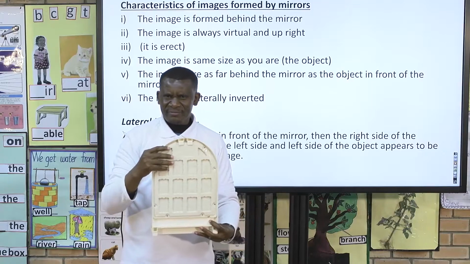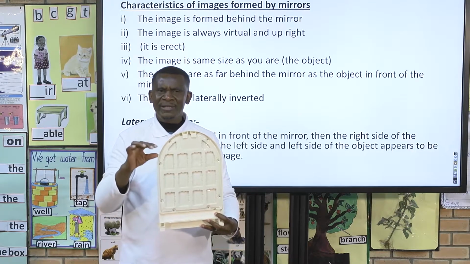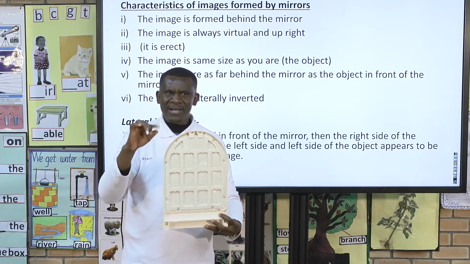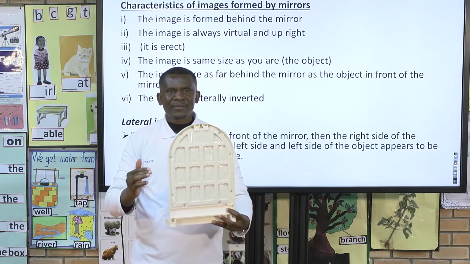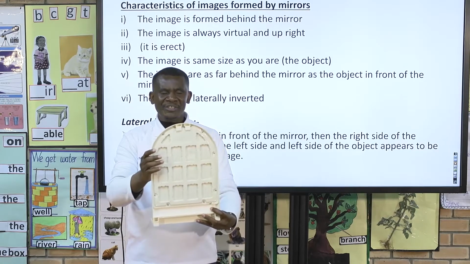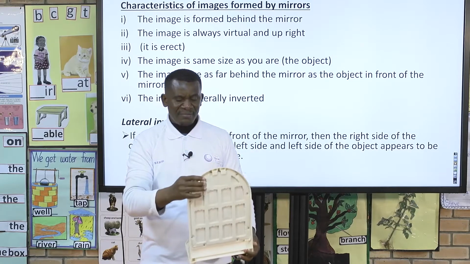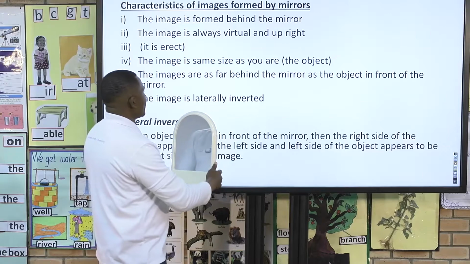What does that mean? Virtual and upright. It simply means the way the teacher is standing and looking at himself in the mirror, that's the way it is being shown.